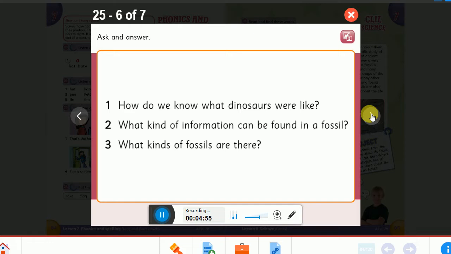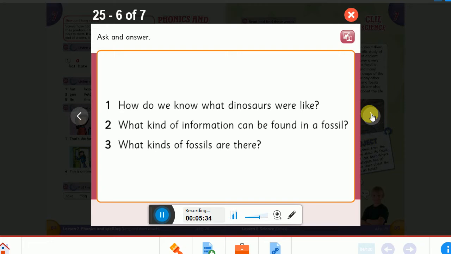After reading, how do we know what dinosaurs were like? We don't have dinosaurs living among us now. They died millions of years ago. So how do we know about dinosaurs, how they looked, as we see in the movies? Think. Good, excellent. Because scientists found fossils or bones of these animals, the dinosaurs, and without finding these fossils, we couldn't have known anything about them.